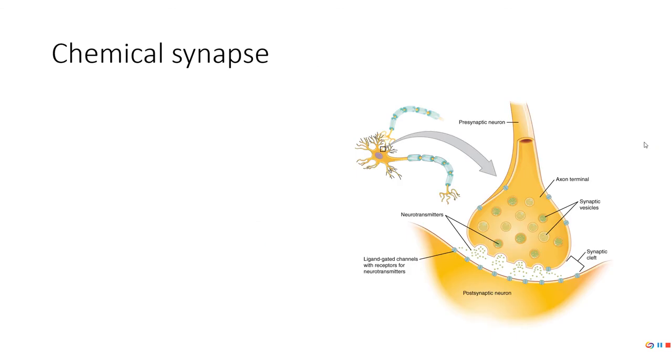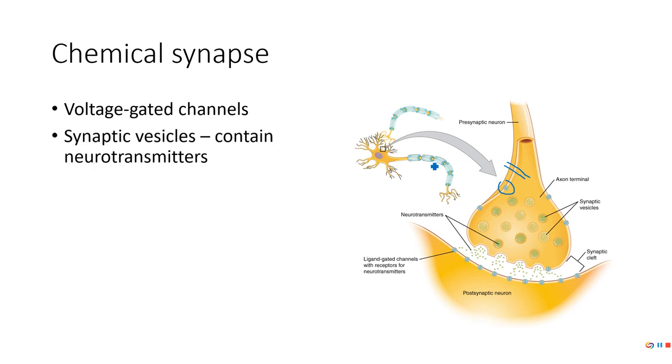So a chemical synapse has several things. It has voltage-gated channels, and those are here. Oftentimes, not always, because it's not shown on this picture, you'll see them as little parallel lines like that. You've got the synaptic vesicles, which are pointing to these circular containers that have the neurotransmitter.